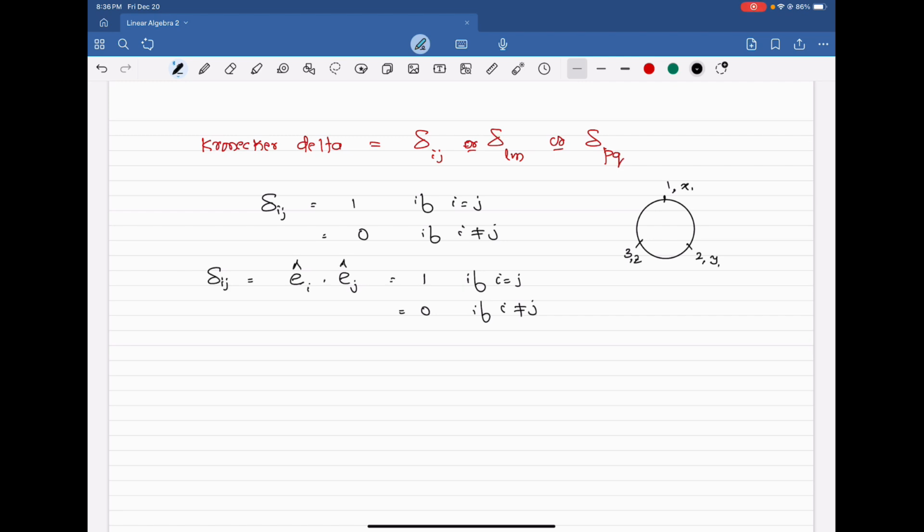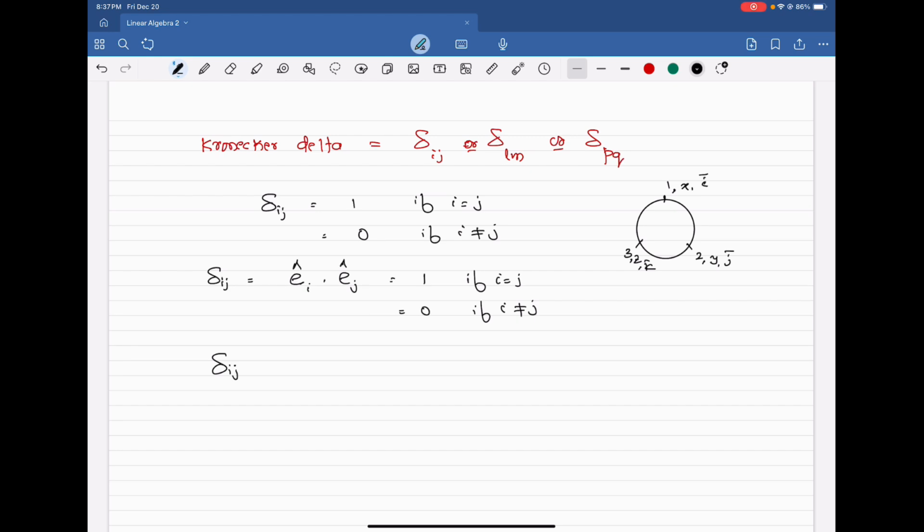Just for the sake of convenience, I am writing this. Or we can say i, j, k, where i, j, k are the unit vectors in x direction, y direction and z direction. If i is equal to j, that means what happens?